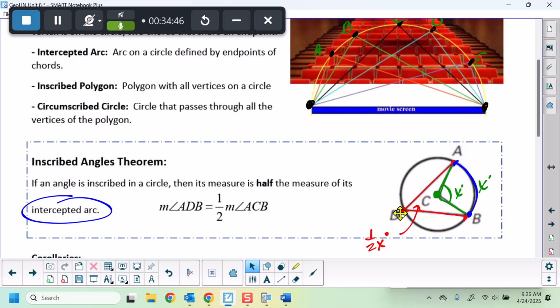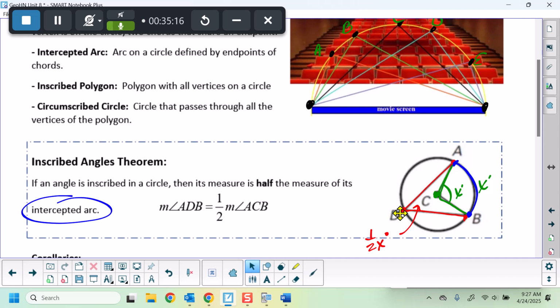So it's a 1-to-2 ratio. So my central angle, whatever that measure is, the same as the measure of my intercepted arc. But that inscribed angle is going to be 1/2 of that measure. So my intercepted arc is AB. My central angle, ACB. Pull it out, my inscribed angle is going to be 1/2 that measure.